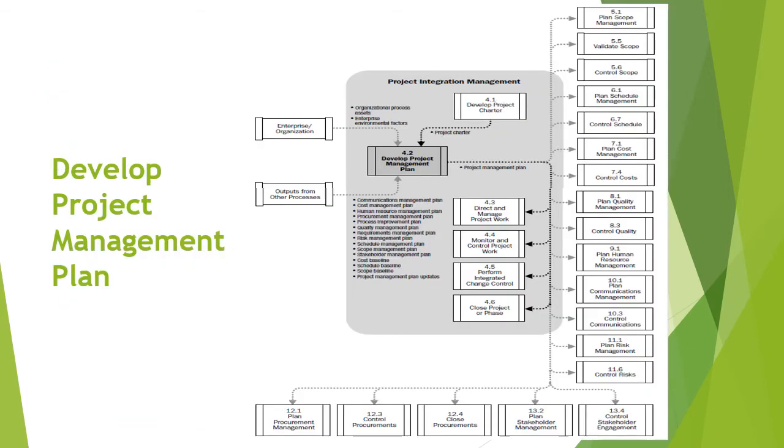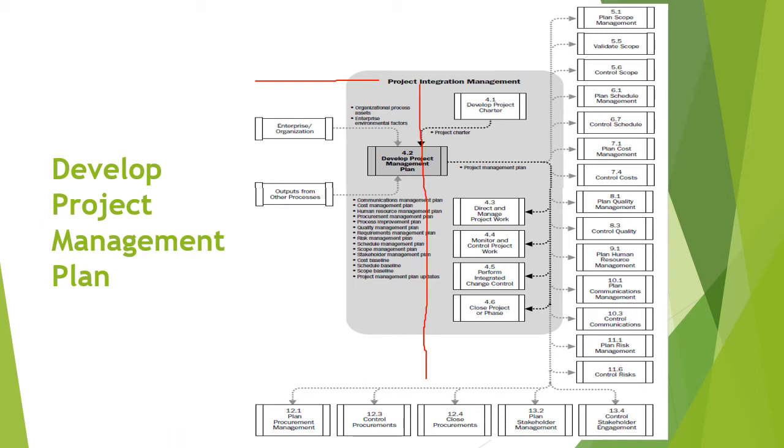So now if we look at the flow diagram of develop project management plan, this side talks about the inputs, right? As we've already discussed, it is a project charter, environmental factors, then organizational process assets, and the outputs from the other processes, right?